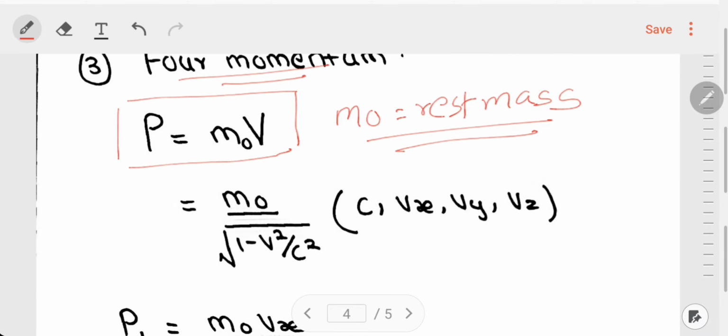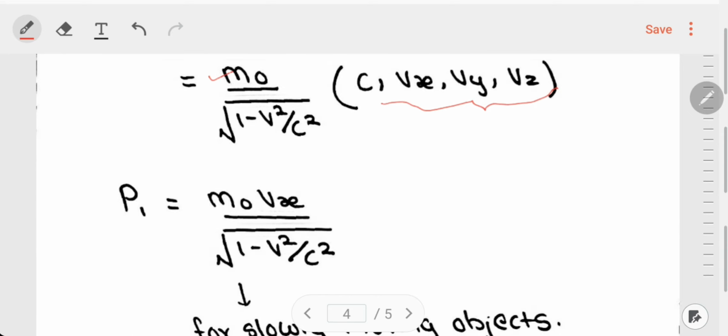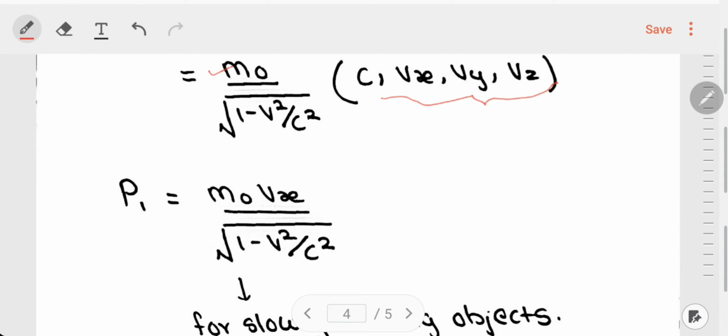So what we have to do for finding the 4 momentum is just multiply this m naught with the velocity 4 vector, and we get the 4 momentum as m naught over under root 1 minus v square by c square times the components of the velocity 4 vector. Okay, now let's have a look at the first component, that is the x component of the momentum, and that is m naught vx over under root 1 minus v square by c square.